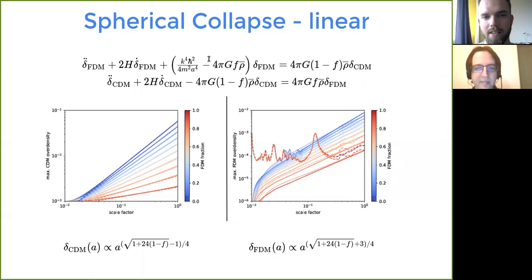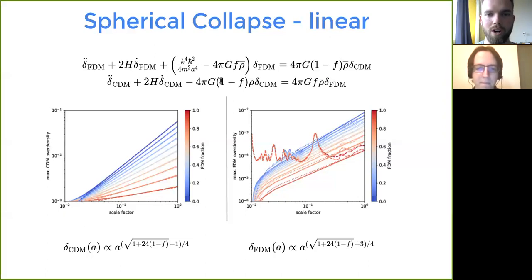And then the dynamics of fuzzy dark matter is in addition sourced by the cold dark matter overdensity if we assume we have cold dark matter in the simulation, and vice versa. The cold dark matter evolution is also potentially sourced by the fuzzy dark matter overdensity if we have that. So that's the linear equations.